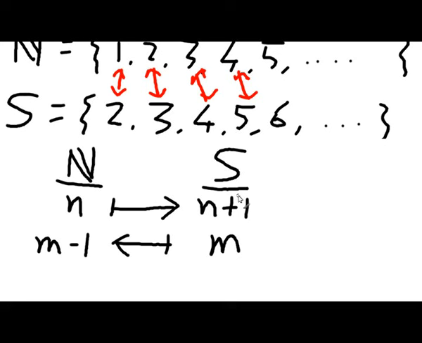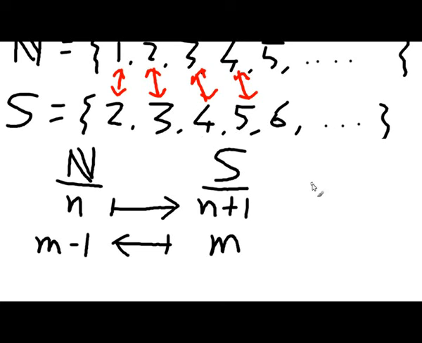Likewise, we can see that for an element m in S, m minus 1 exists in the natural numbers because S starts at 2, and for every element m, m minus 1 is a single unique element in the set of natural numbers, and everything in the natural numbers is paired up.